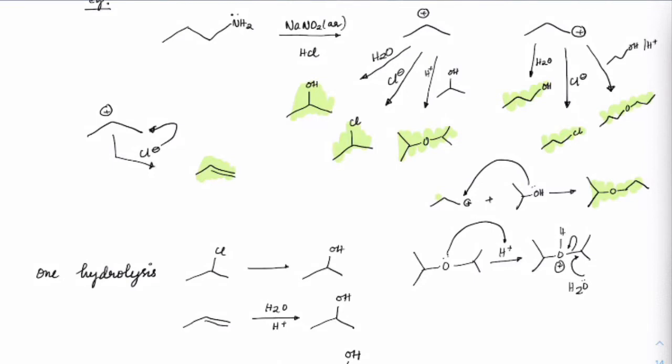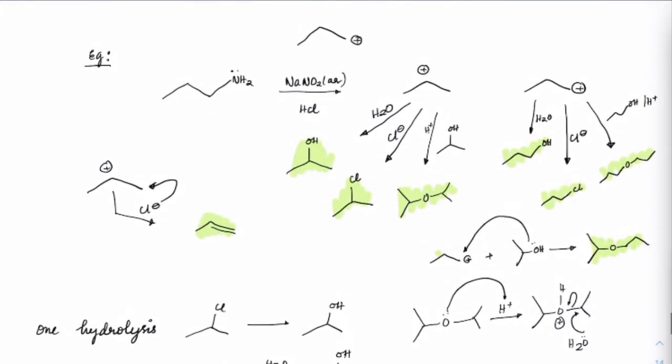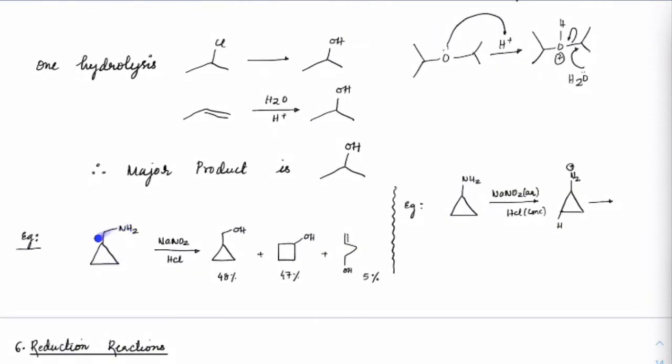So the point is, if you keep it for a prolonged time, you would always get either a primary or a secondary alcohol. Most stable alcohol is secondary alcohol. So most of the time you will get the major product as the rearranged product, which is the secondary alcohol. This kind you have already seen, right? Cyclopropyl methyl amine, CPM amine.